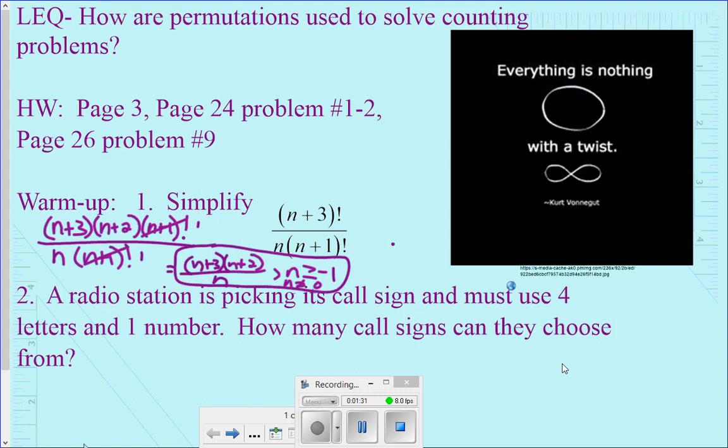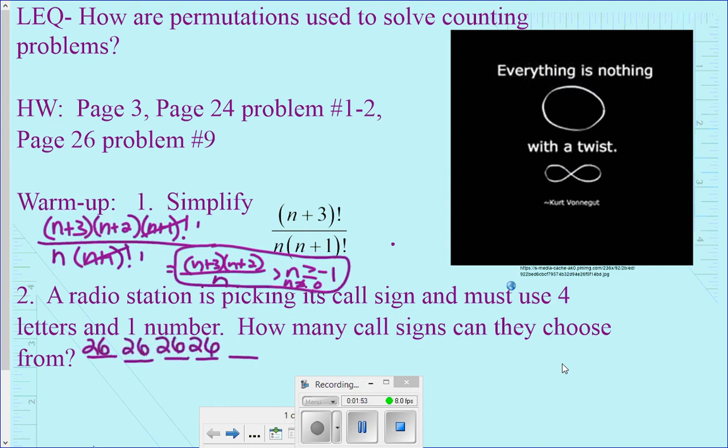Okay, number 2, radio station picking its call sign must use 4 letters and 1 number. How many call signs can they choose from? Well, first of all, the 4 letters in the decision chart, and then the 1 number. When they're referring to letters, we know the 26 letters in the alphabet. It doesn't say anything about not being able to repeat, which means we can.